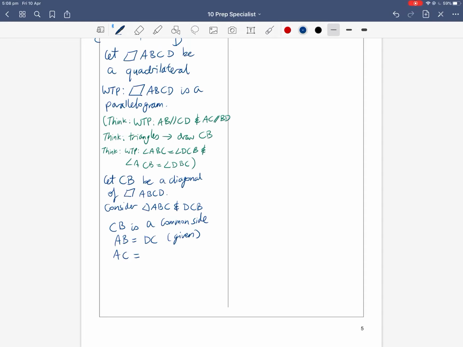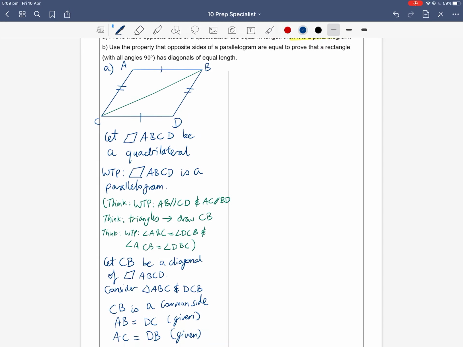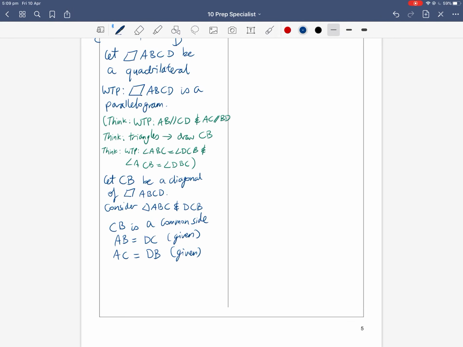We also know that AC, remember, match up your vertices. A matches up to D and C matches up to B. So AC is the same as DB again because we're told that opposite sides have the same length. Okay, so because we've got three sides the same, therefore triangle ABC is congruent to triangle DCB.